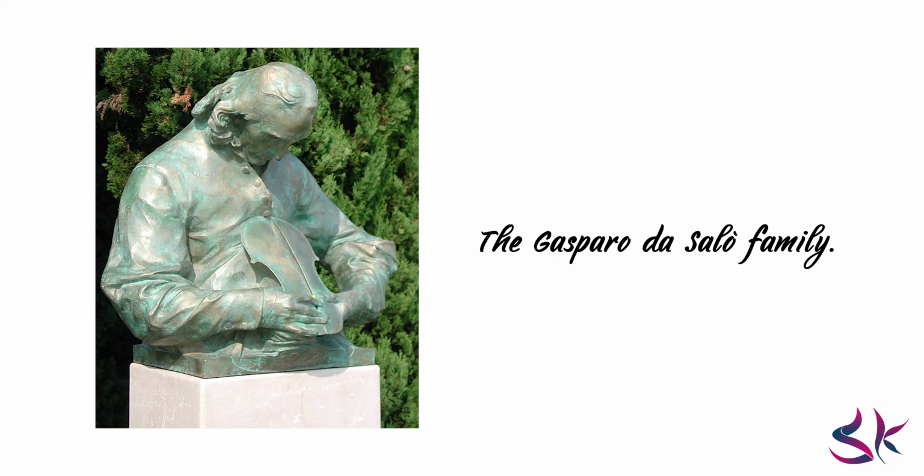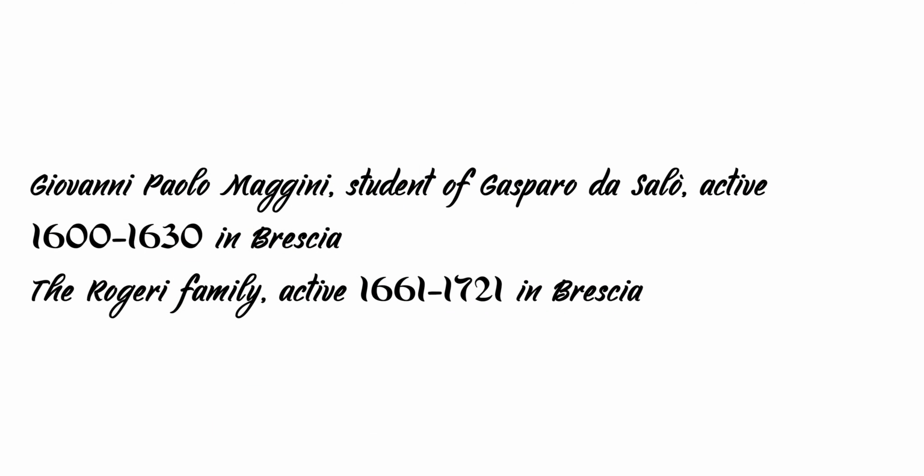The Gasparo da Salo family, active between 1530 to 1615 in Brescia and Salo. Giovanni Paolo Maggini, student of Gasparo da Salo, active in 1600 to 1630 in Brescia. The Ruggieri family, active between 1661 to 1721 in Brescia.